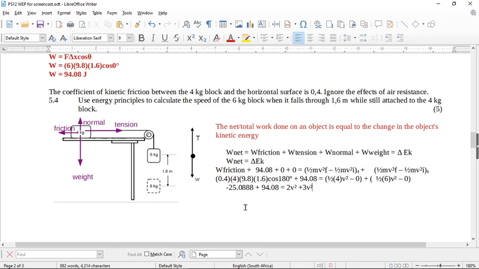So on the right hand side there, we're going to end up with 5v squared.